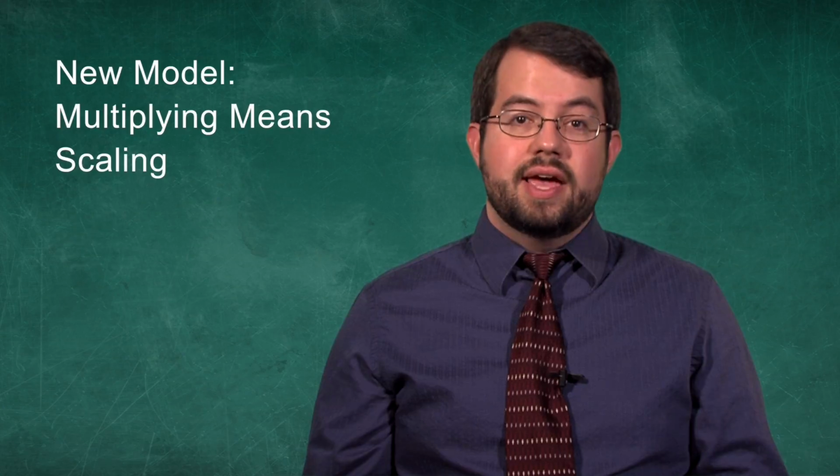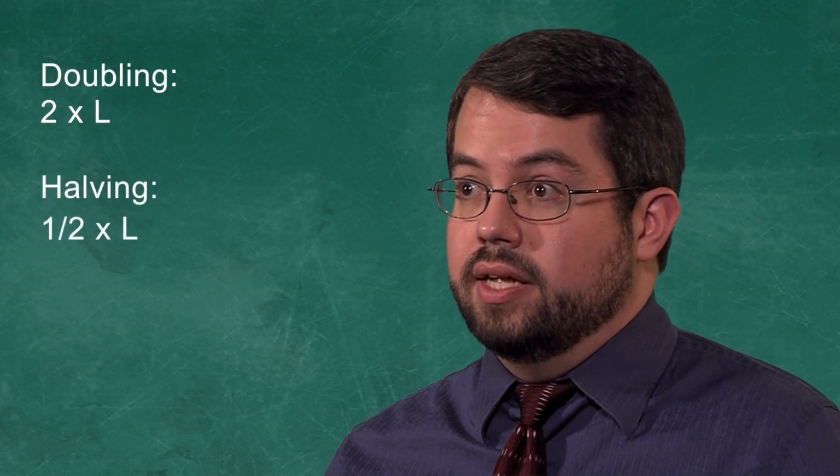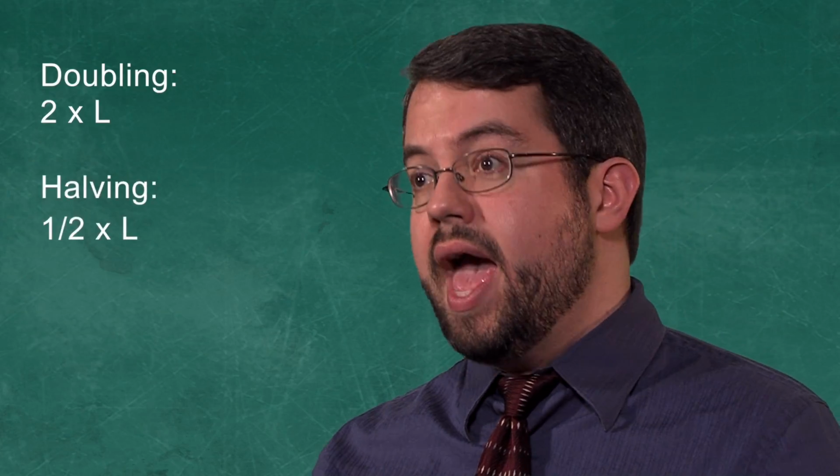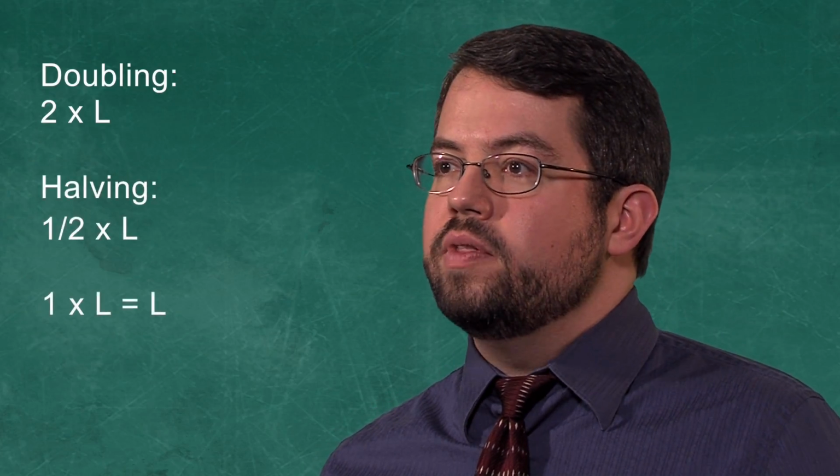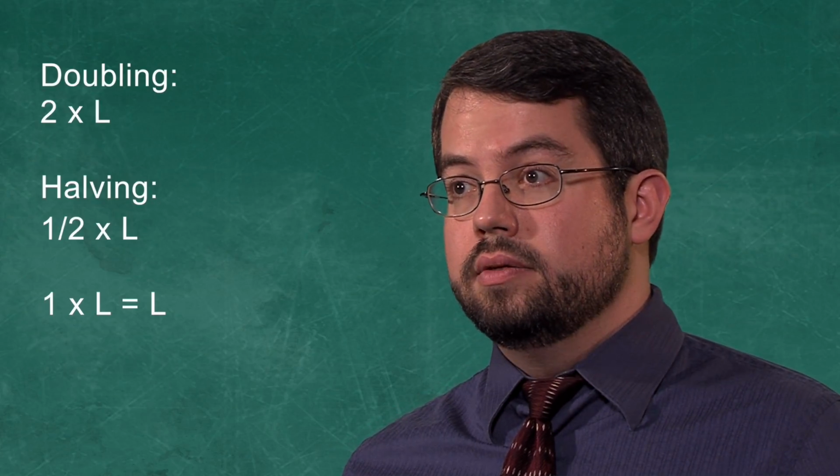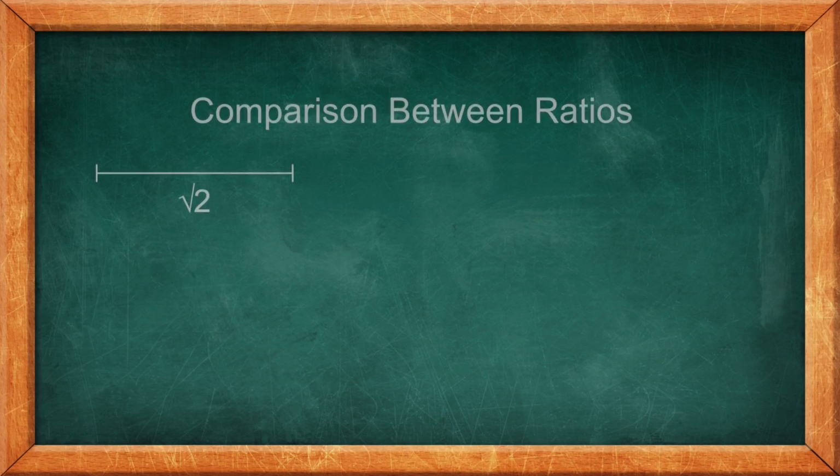Multiplying means scaling. We know what it means to double a length because we scale it by a factor of 2. Halving a length means scaling by a factor of 1/2. We know how to compare these amounts to scaling by 1, which doesn't change anything. We'd like to know what it means to scale by the square root of 2. Essentially, we're making a comparison between ratios.